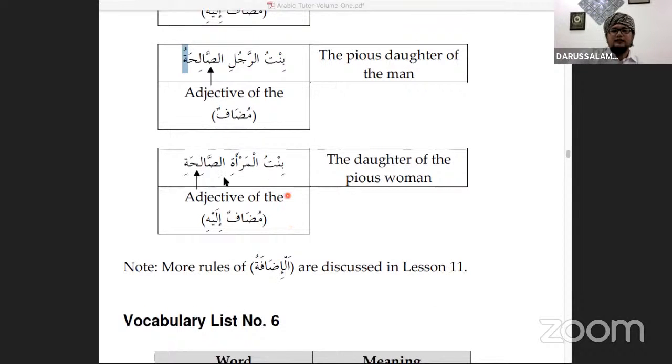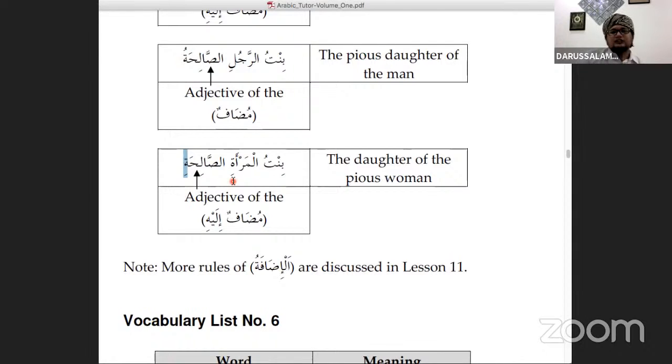Bintul mar'ati as-salihati. See? Bintul mar'ati as-salihati. So as-salihati we'll know is the sifah of the mar'ah, because it follows in i'rab.